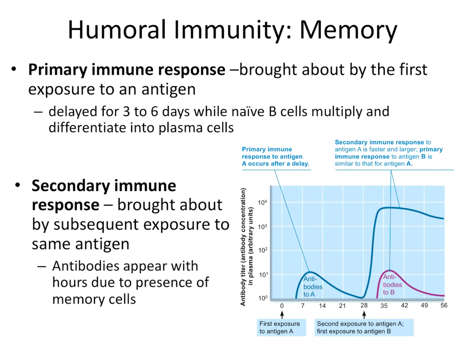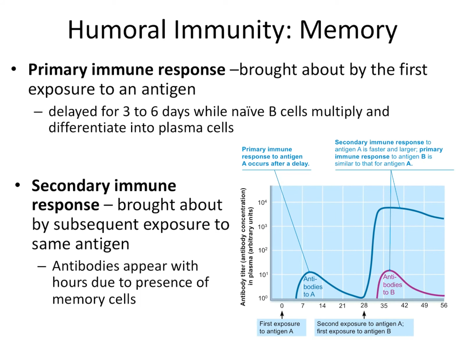So the final stage then of humoral immunity is going to be our memory stage, similar to our cell-mediated immunity. Now, recall that after clonal expansion, some of our B cells and our T cells are going to become memory cells. And so our memory B cells are going to be cells that essentially are stored, that have this memory of this particular antigen.